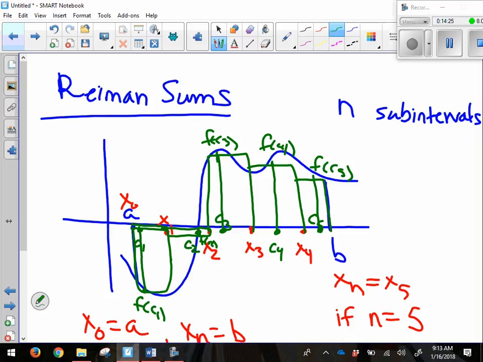And here would be another one. And this width here, for instance, is delta x1. This distance here is delta x2, 3, 4.